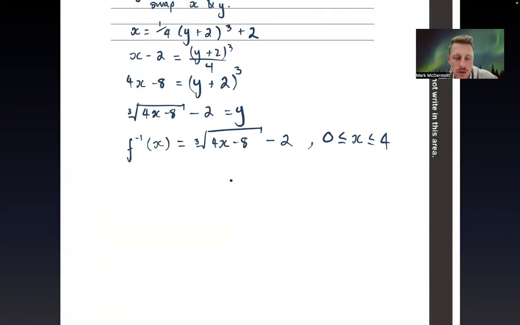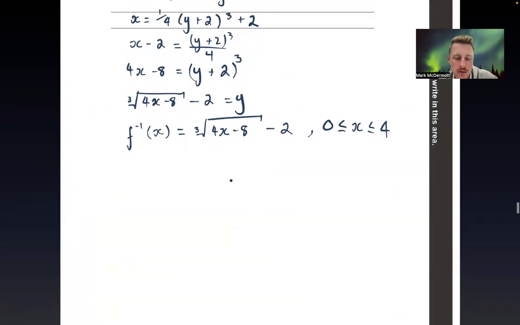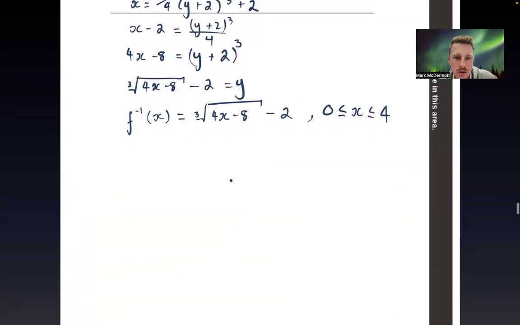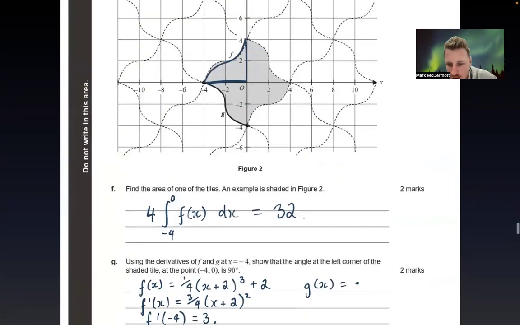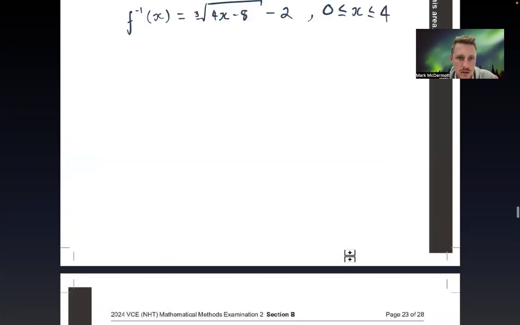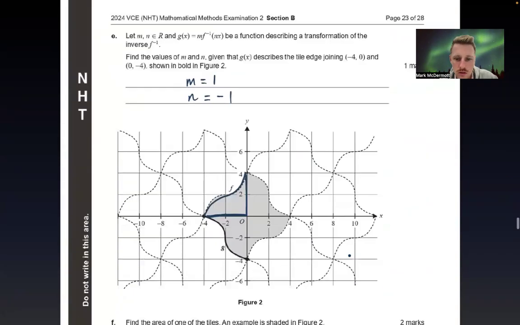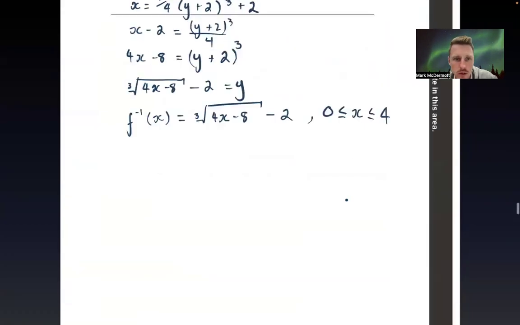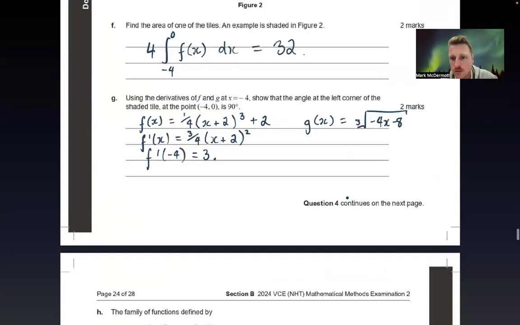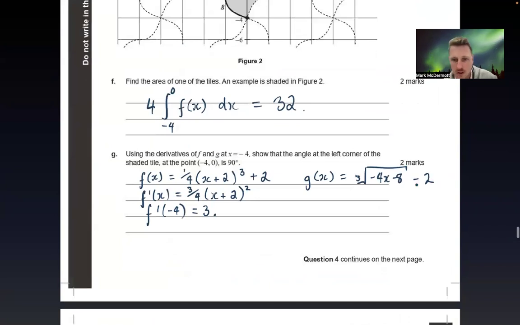So it's the cube root of -4x minus 8, minus 2. The cube root of -4x minus 8 has been reflected in the y-axis, right? Hopefully that's right.